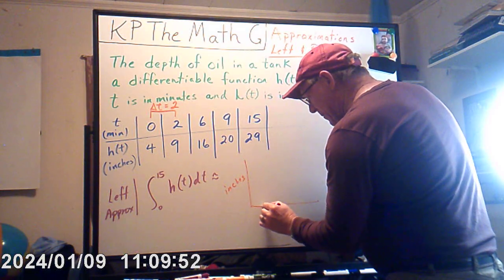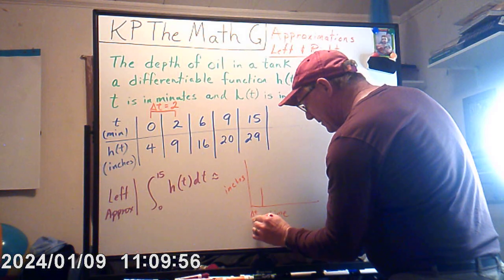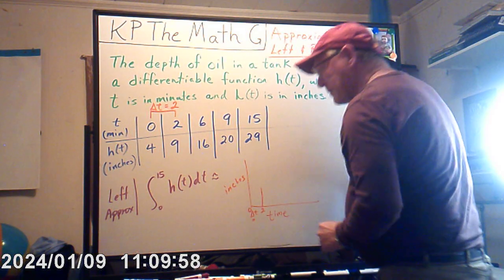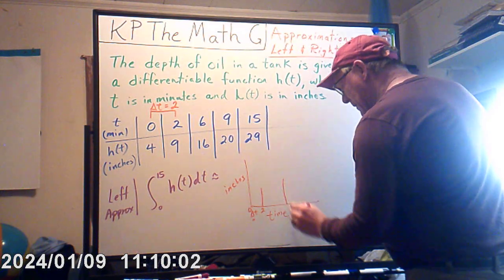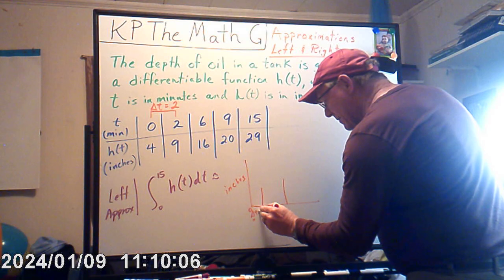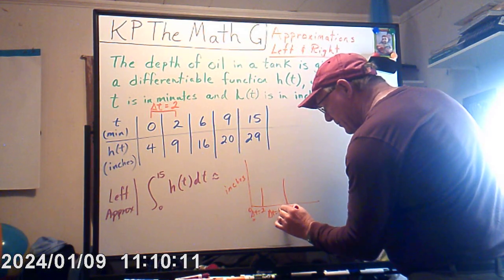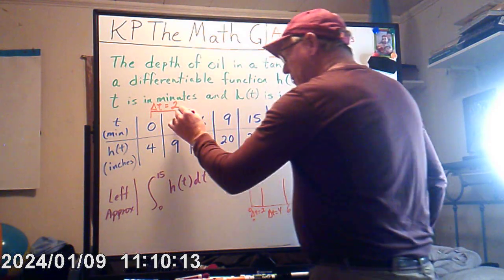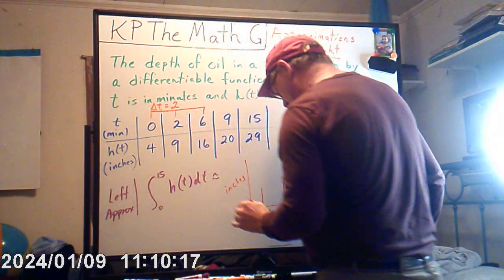Then you're going from 2 to 6. This delta t right here is equal to 4. So from 2 to 6, delta t is equal to 4.